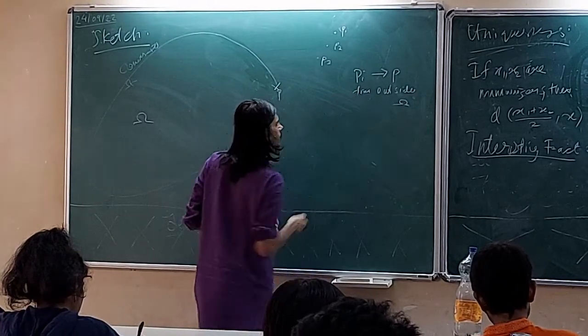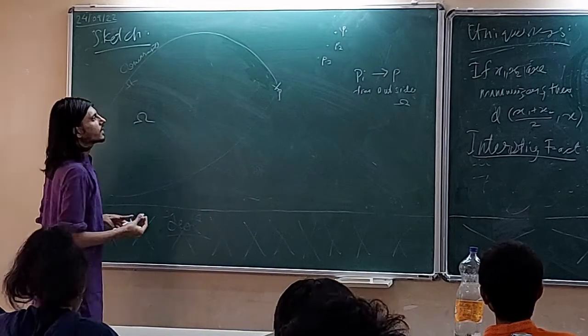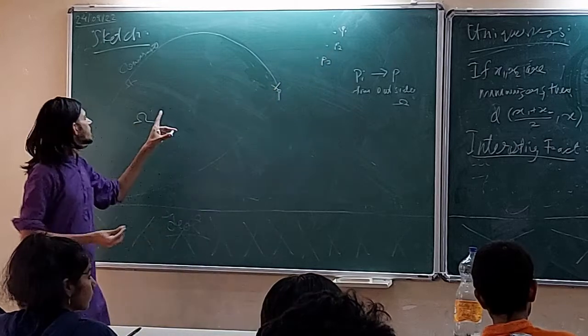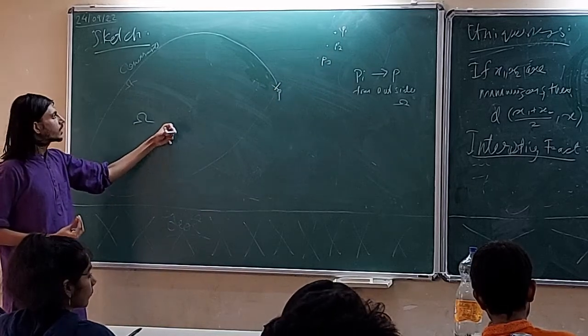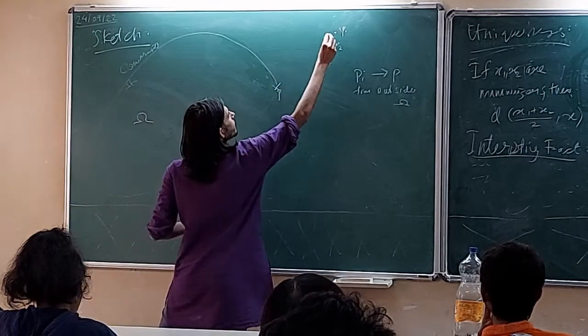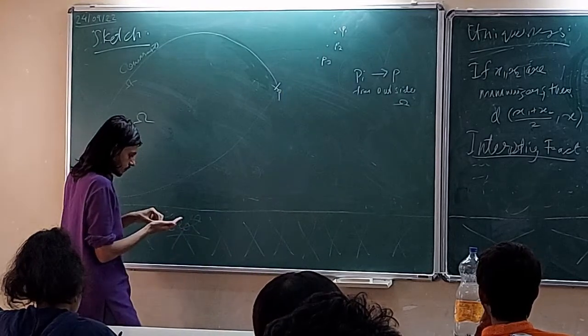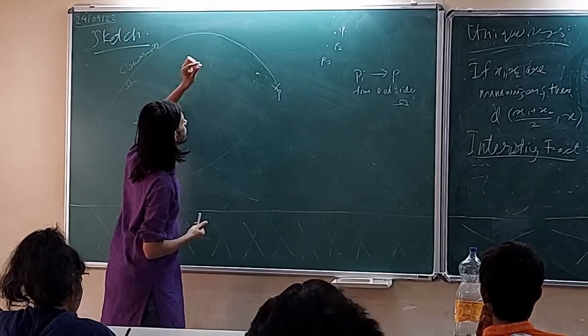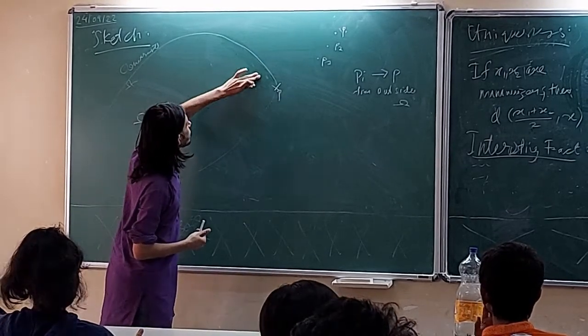And what we will do for each of these Pi's is find the unique point here that's closest to P. So for example, for P1, let's take some x1. Sorry, this is the interior.